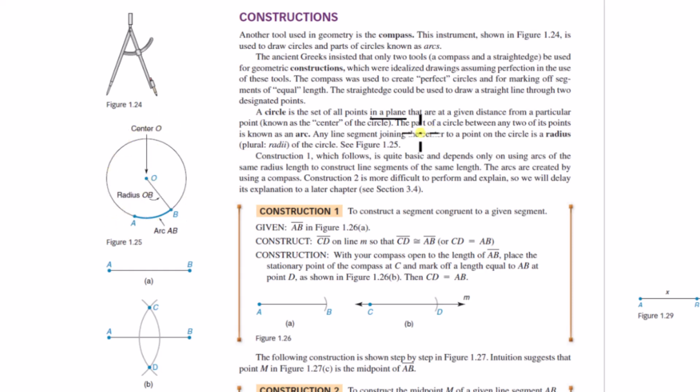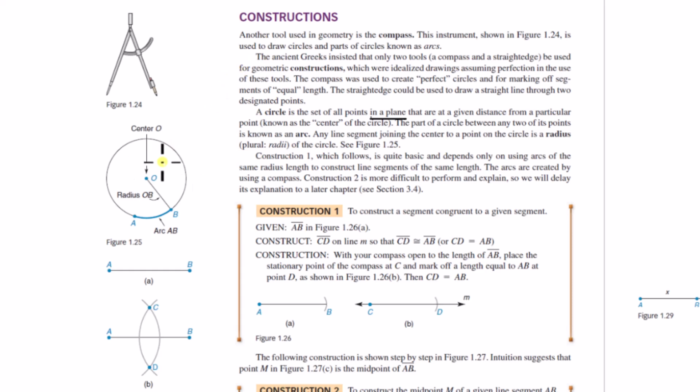Okay, the part of a circle between any two of its points is known as an arc. Between any two points of a circle, the portion that's between those is an arc. Any line segment joining the center to a point on the circle is a radius of the circle. Notice that what they're saying about the radius is that you join a point on the circle to the center. So I can't say this, that's not a radius.